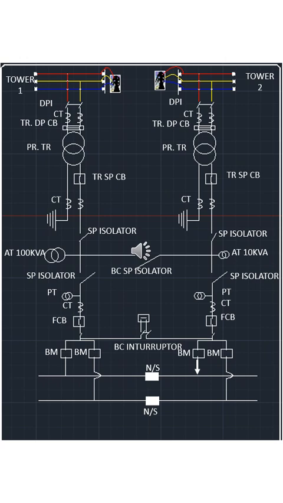Next I will discuss the feeder side. In the feeder side, again single pole isolators, two single pole isolators, then potential transformer, then current transformer, then single pole circuit breaker, then again an isolator, then the bus coupling arrangement with a bus coupling interrupter, because it can be closed in energized condition as well as in no load condition, even in short circuit condition.